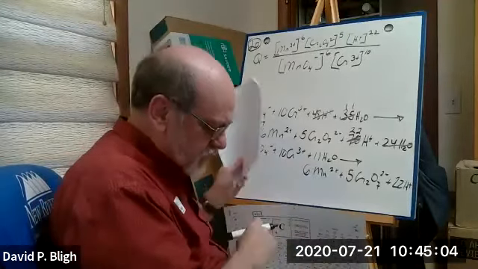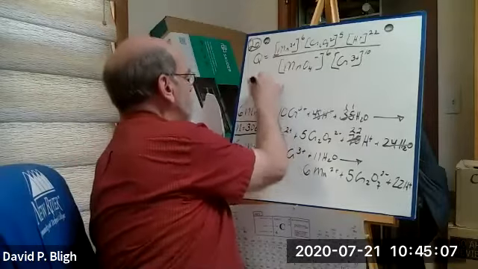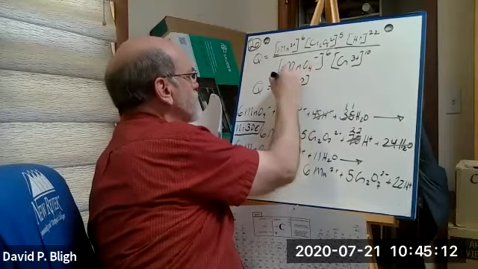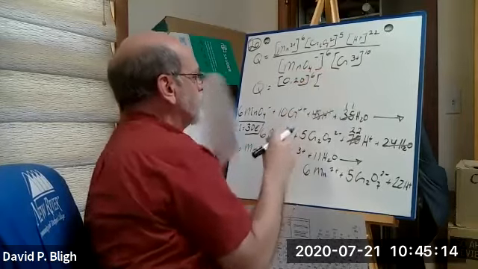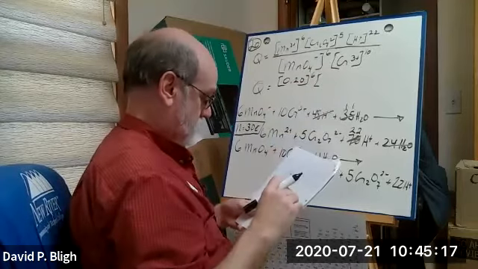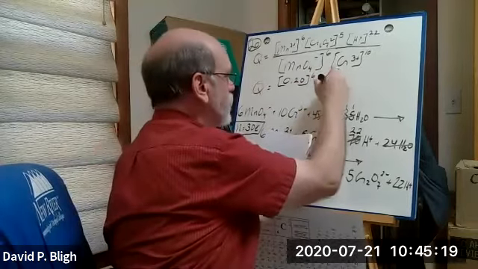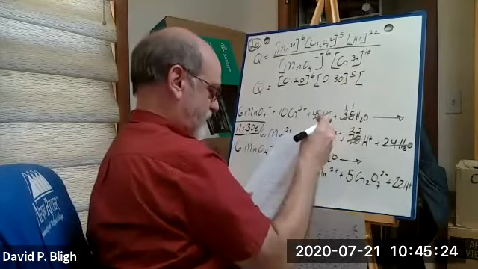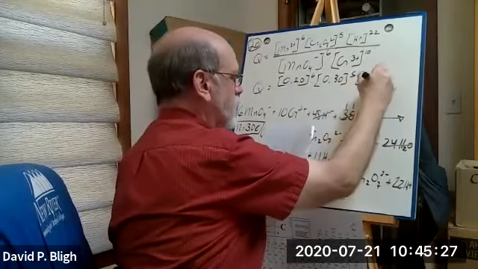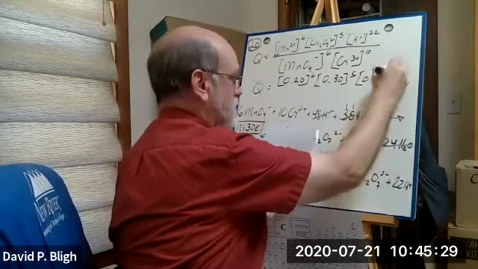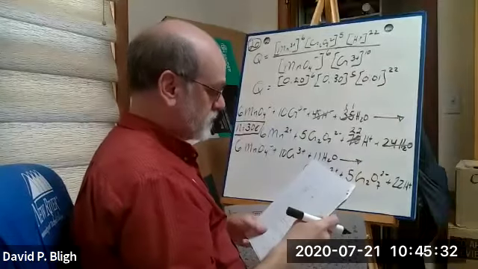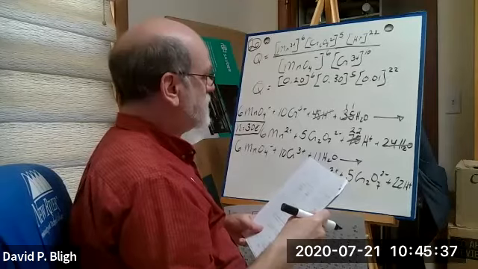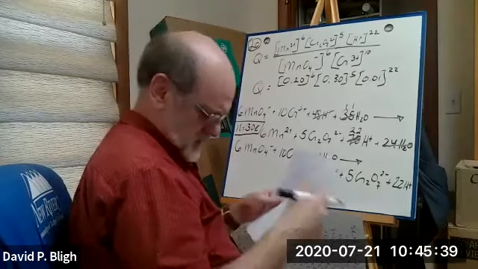Right. Manganese 2 plus, 0.2 to the 6th power. Dichromate is 0.3 to the 5th power, 0.01 to the 22nd power. Wait a minute, that's not right.